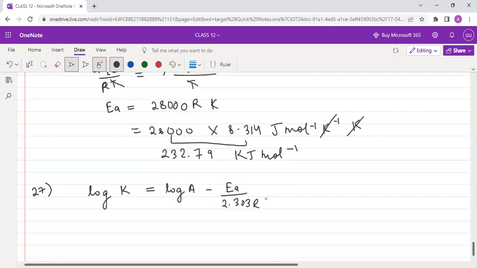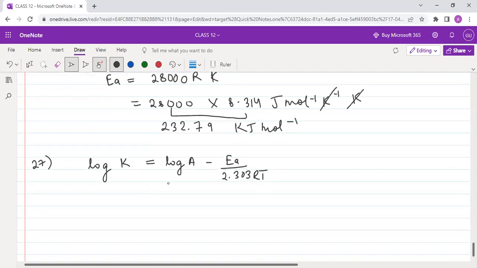Now, if we compare, then you must have got that log A is equal to 14.34, right? By equating. And the value of minus EA by 2.303 R is equal to minus 1.24 into 10 raised to 4 Kelvin by T.